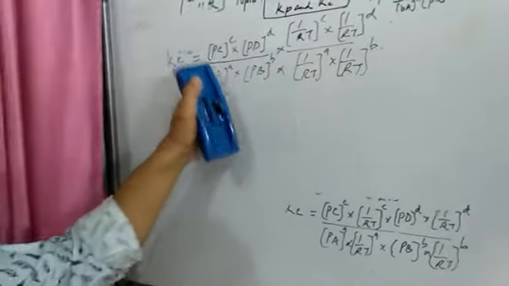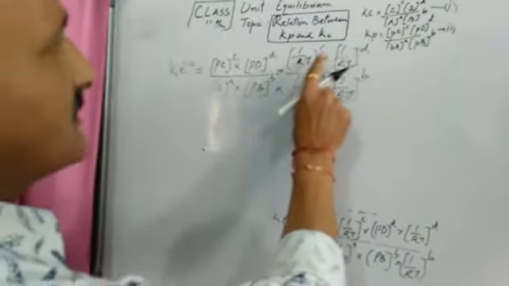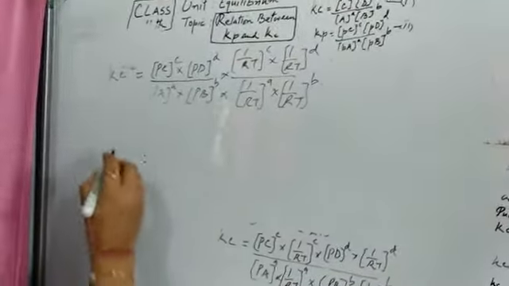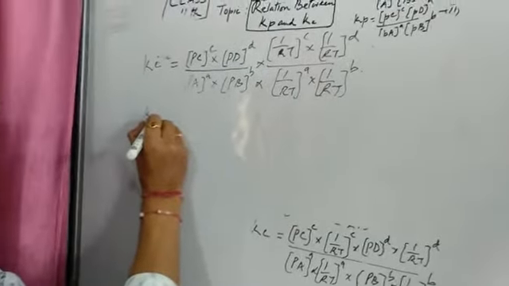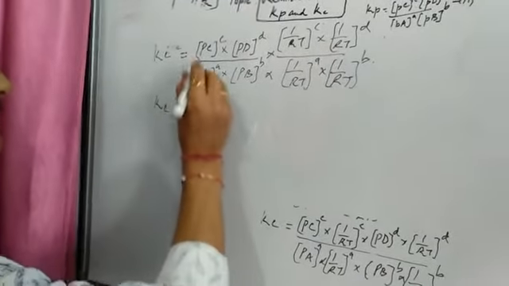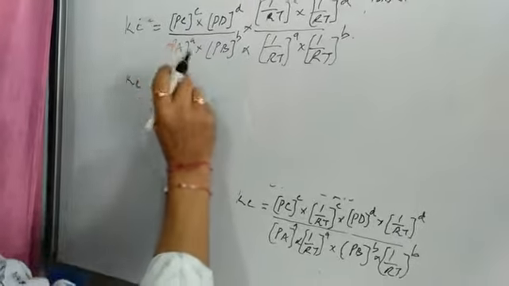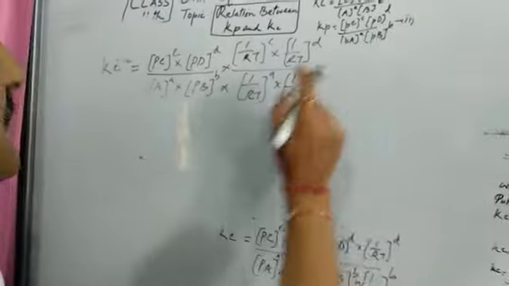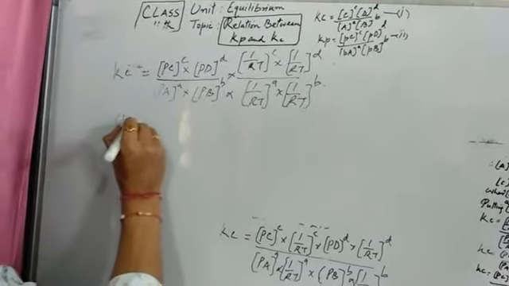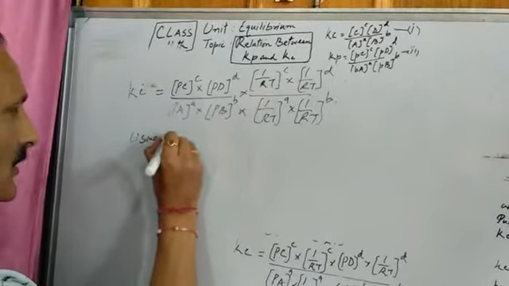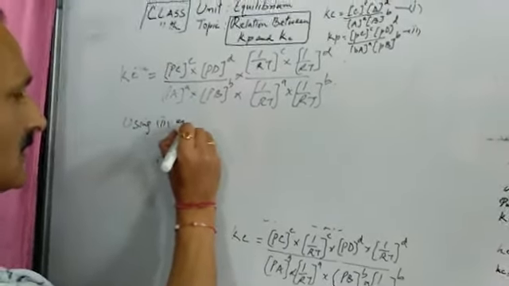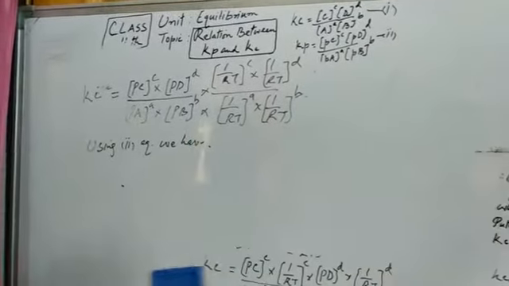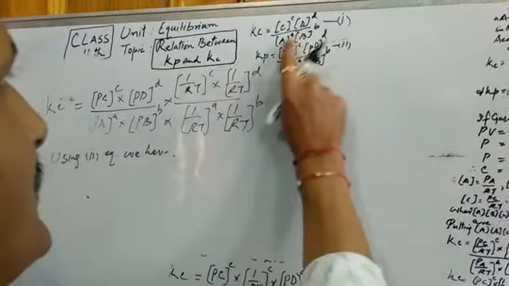Now keeping these as such, here bases are same, powers will be added. Here bases are same, powers will be added. So what will we get? We will get Kc equal to, now we can use the second equation. We know in the second equation Kp is equal to this.